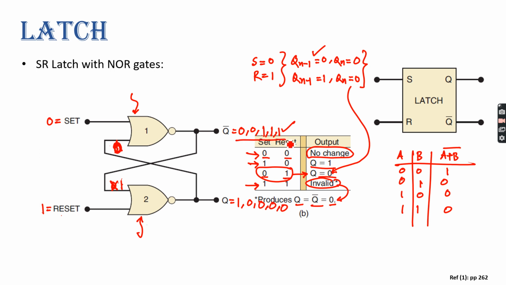So now here you can see this Q bar settles to 1 and Q becomes 0 permanently, right? Yes, sir. Is there any confusion? No, sir.